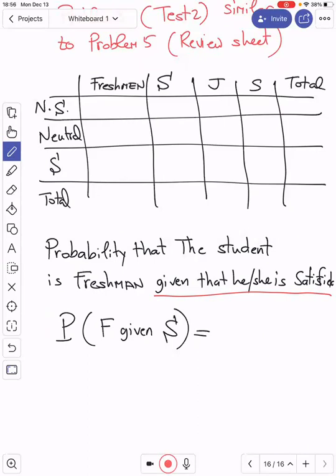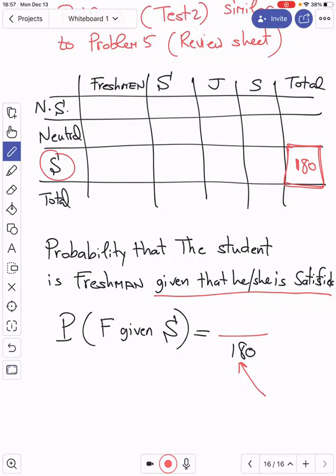So how many satisfied students in total? In total, we have 180 satisfied students. So here we need to divide by 180 because that's the size of the sample.